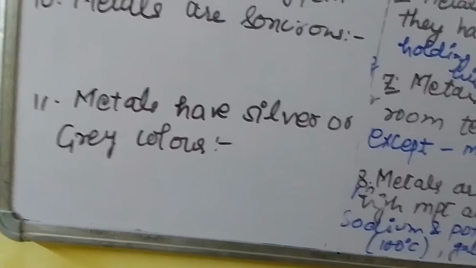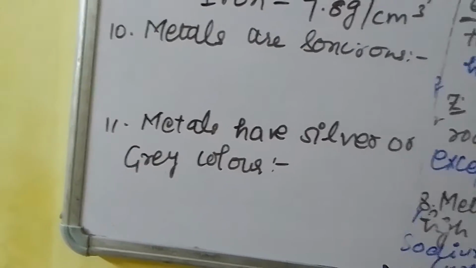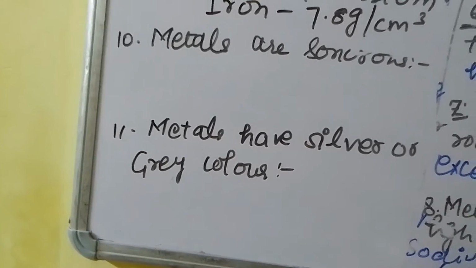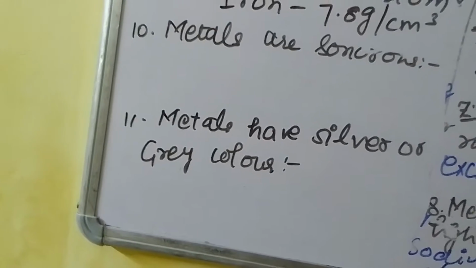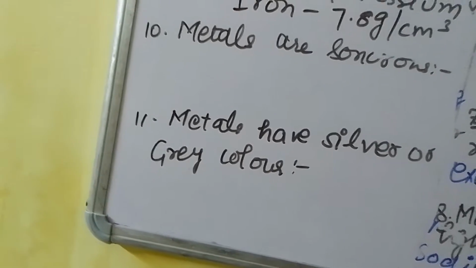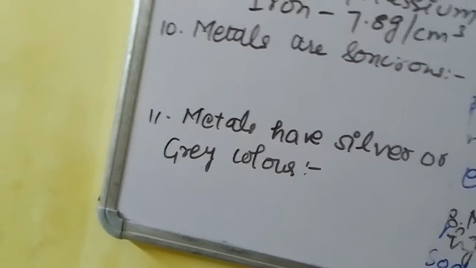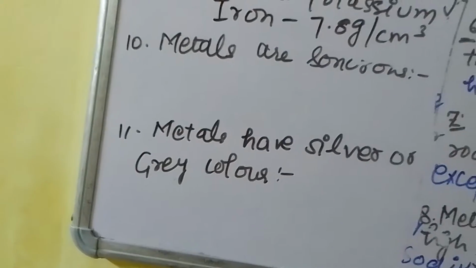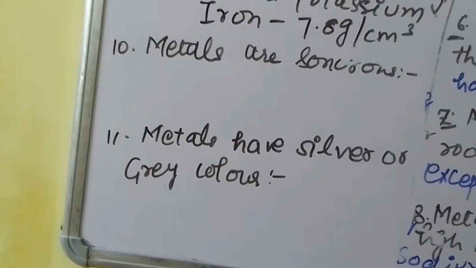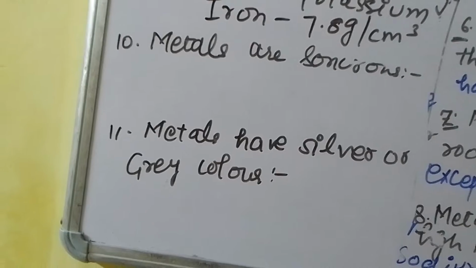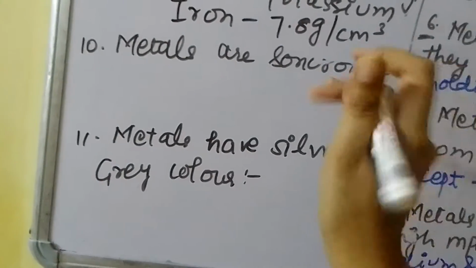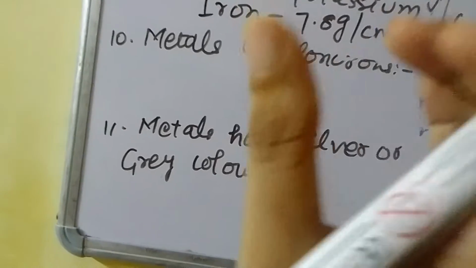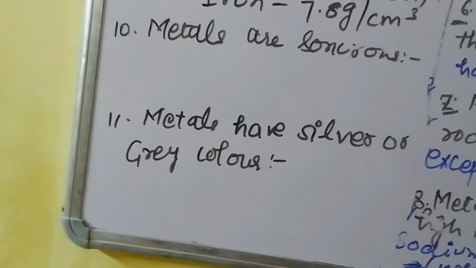So let's talk about another property, which is sonorous, right? Metals are sonorous. What is the meaning of sonorous? When we strike a hammer on metal, it produces a sound. Because of producing a sound, we say that metals are sonorous.